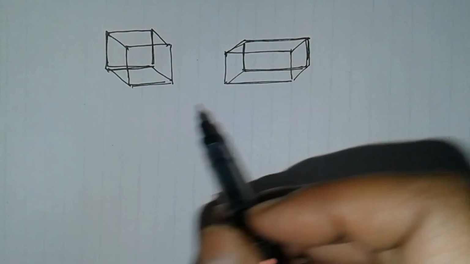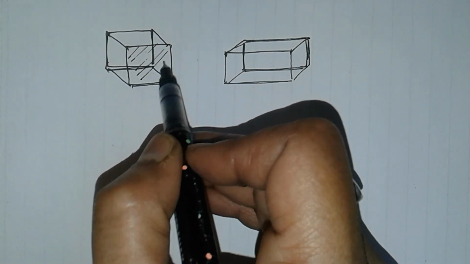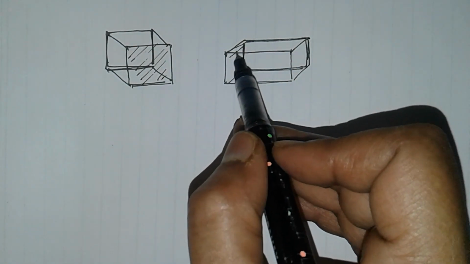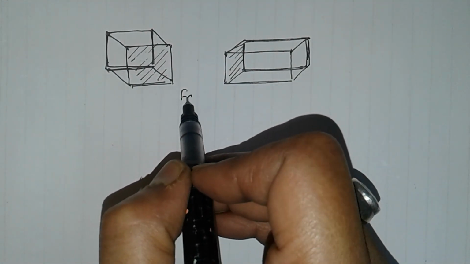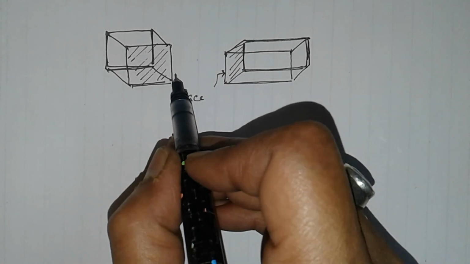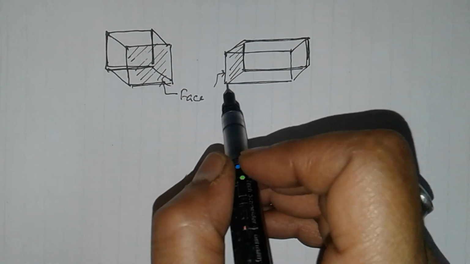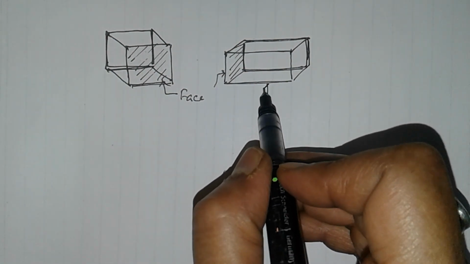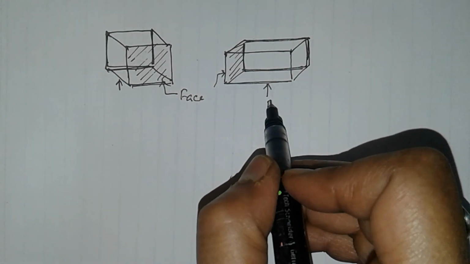Now students, see, these are the faces. This polygon made of four sides you can see here. This is a polygon. So these are faces. So you can write face. So this is a face and this is also a face. Similarly, wherever you see the lines, these are edges.